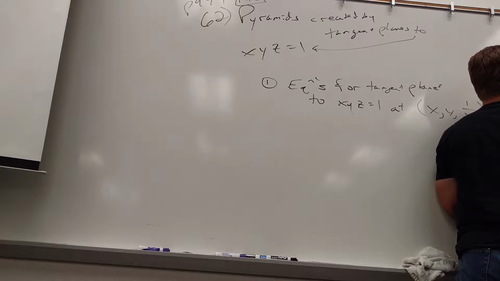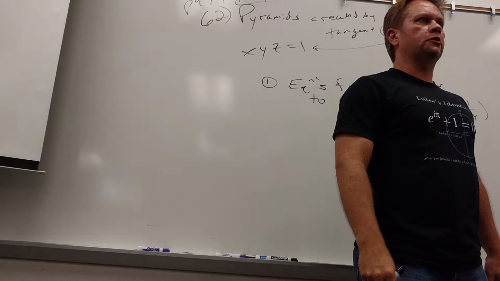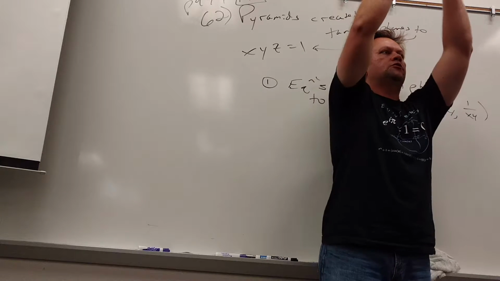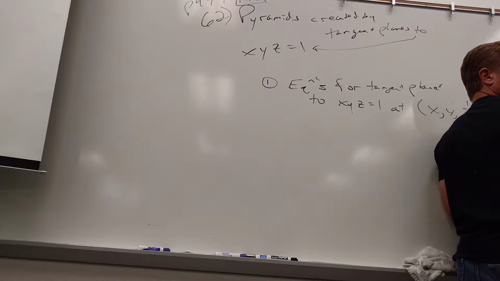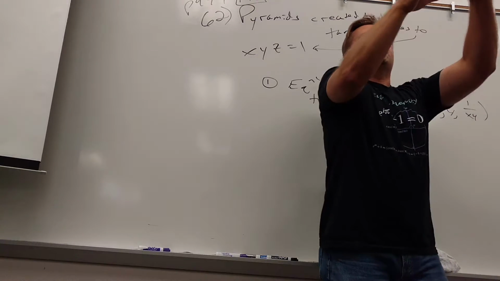A pyramid takes all the corners of a base and connects them to a single point. It doesn't matter where that point is; I can move it around and it has the same volume. It's one third the volume of what it was cut out of.